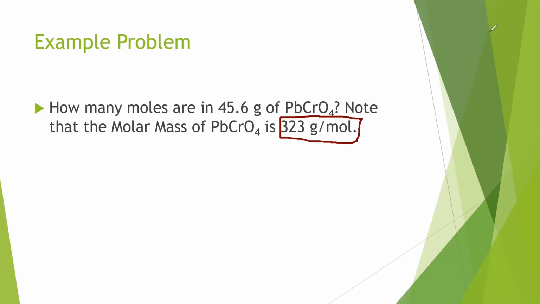Okay, so I'll start this problem. The only information we have other than the molar mass, which would always just be a conversion factor, is 45.6 grams of PbCrO4, which is lead chromate.